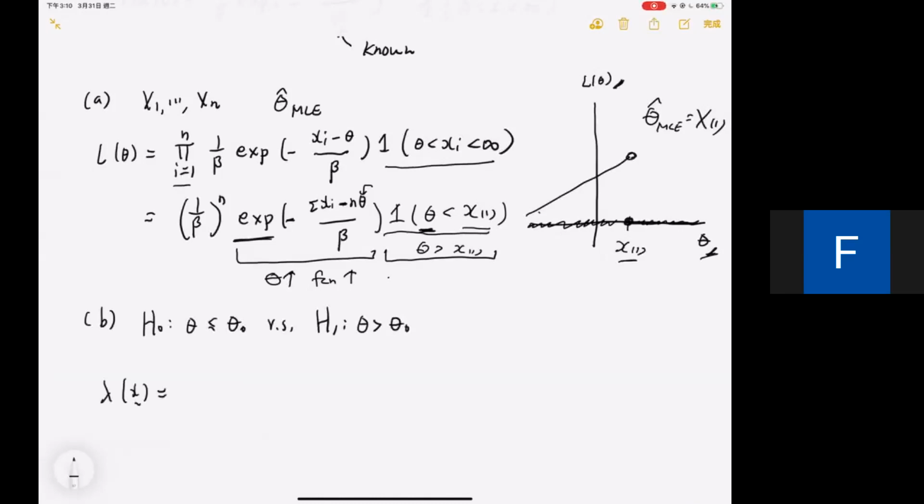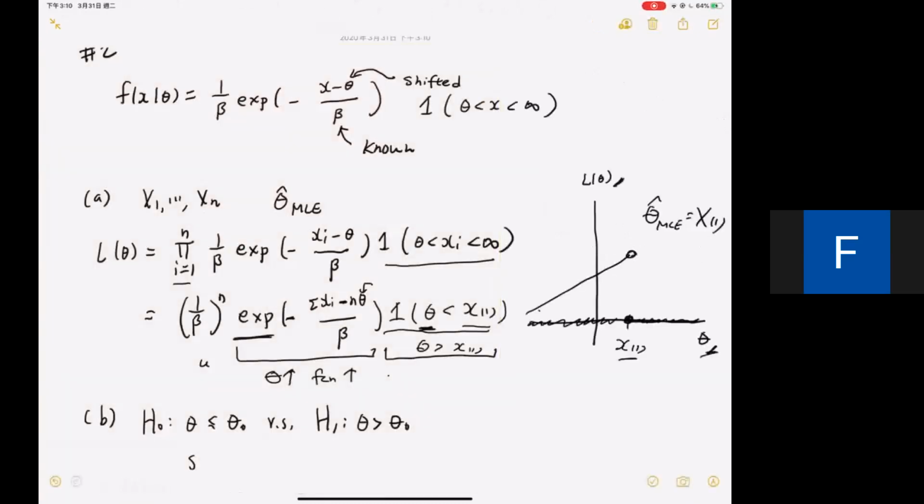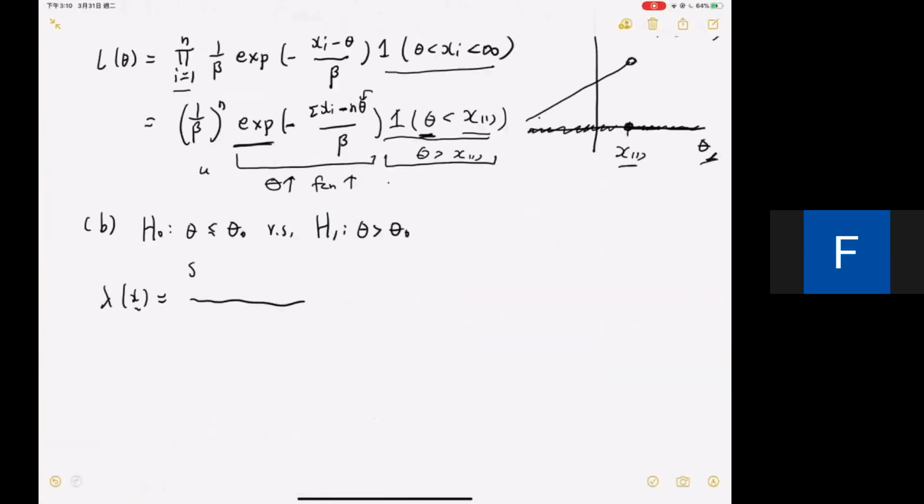okay, without hesitation, write down the definition. Theta belongs to theta naught, theta belongs to the overall space, the likelihood function. Okay, then you don't need to talk about numerator and denominator.